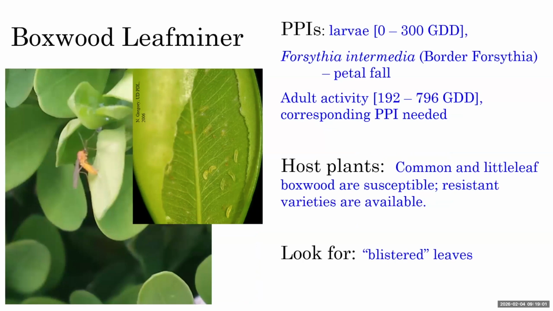We could have border forsythia having their flower petals dropping when you're starting to have high levels of larval feeding inside. So this picture here is where I've broken up the leaf, and Nancy and I took pictures of the maggots on the inside of the leaf. So you can see all these little yellowish, almost slug-like insects. Those are the maggots on the interior of the leaf.